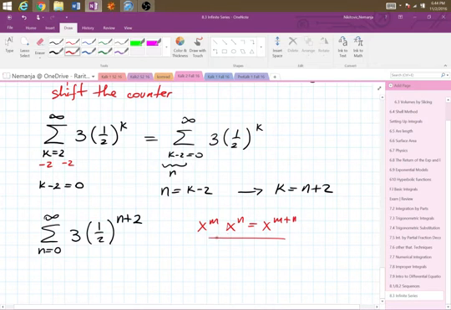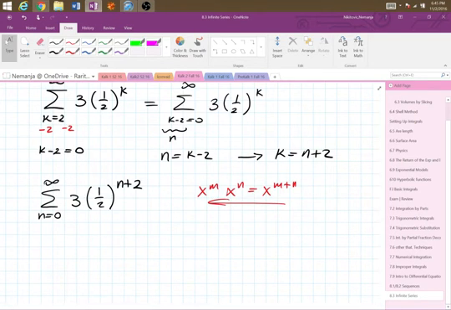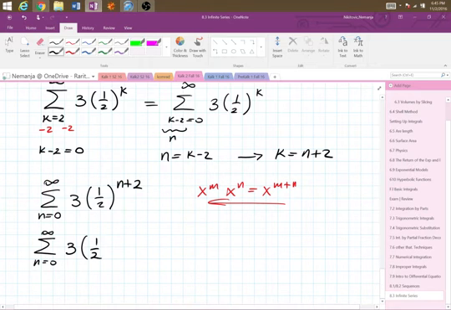We're using it backwards, technically, because we have this side as n plus 2. So I'm going to separate this, and 1/2 squared is a quarter, and I hope you see what happened here.